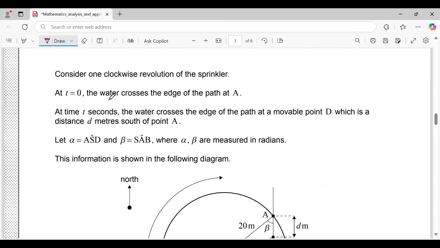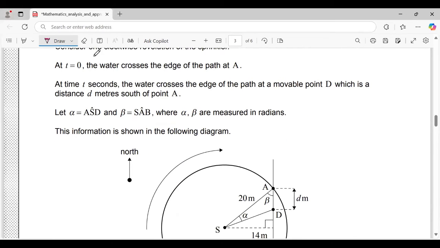At t equals 0, the water crosses the edge of the path at A. At time t seconds, the water crosses the edge of the path at a movable point D. So from point A to point D, at t equals 0, water crosses point A, and D is a distance d meters south of point A. So A to D is d meters.